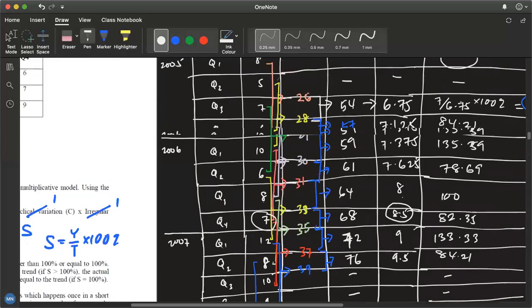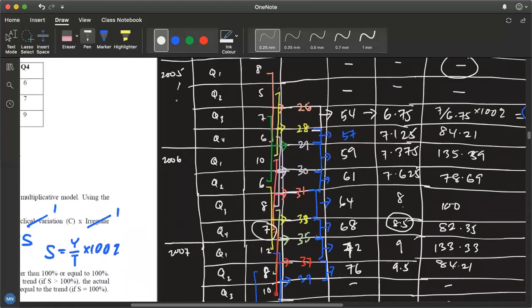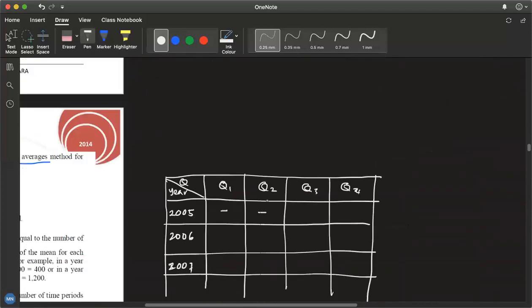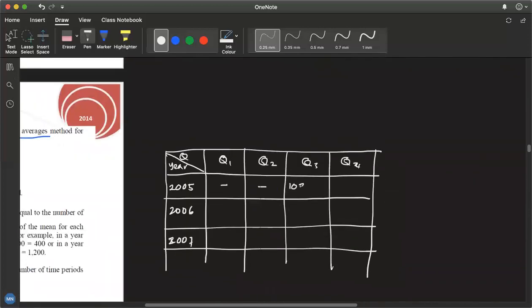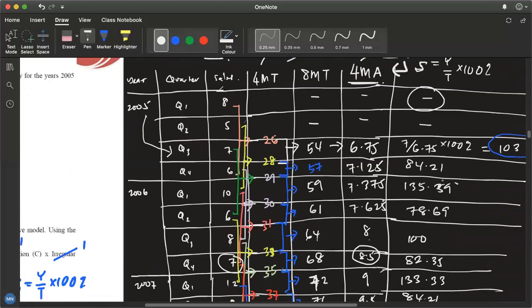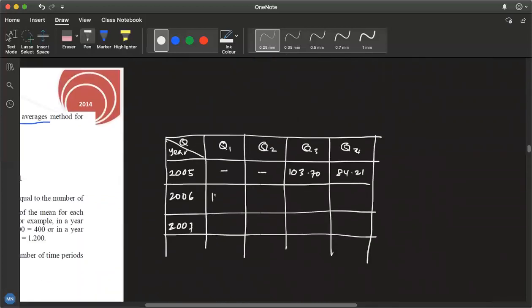For quarter number 3, 2005 is 103.7, right? And the next one is 84.21. For 2006, quarter number 1 is 135.59. And quarter number 2 is 80.